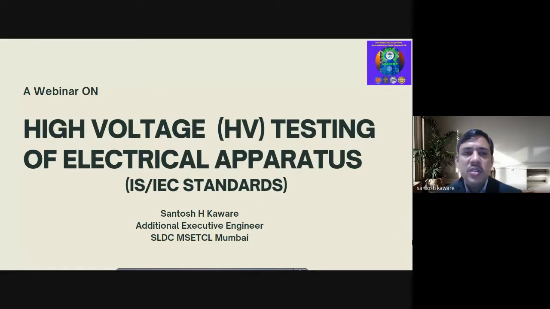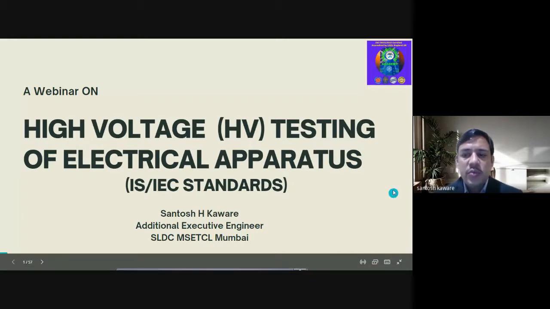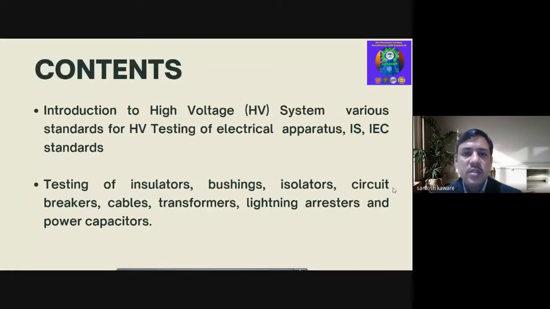But really, this is the most important topic, especially from the testing point of view. So we'll take a brief overview of these standards.